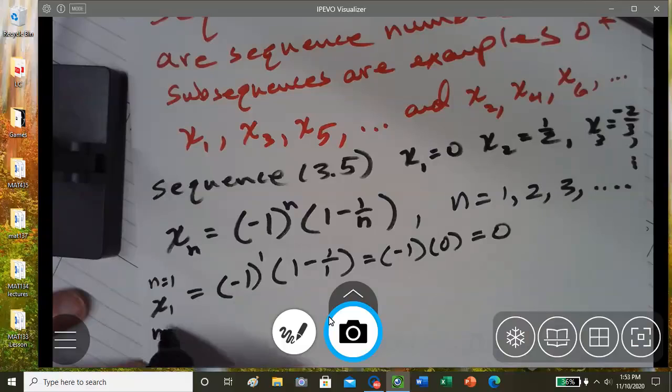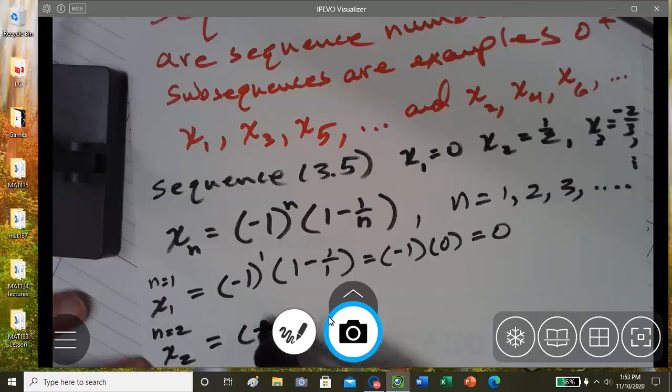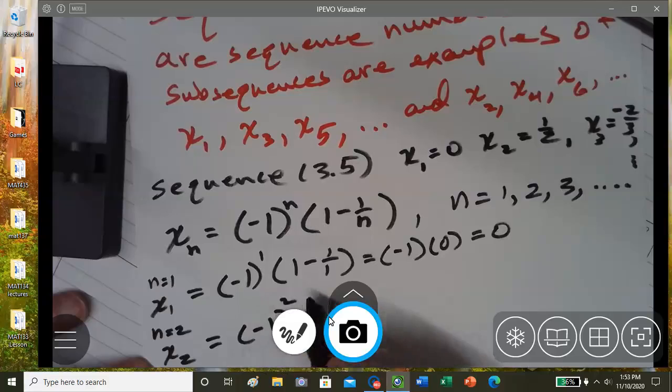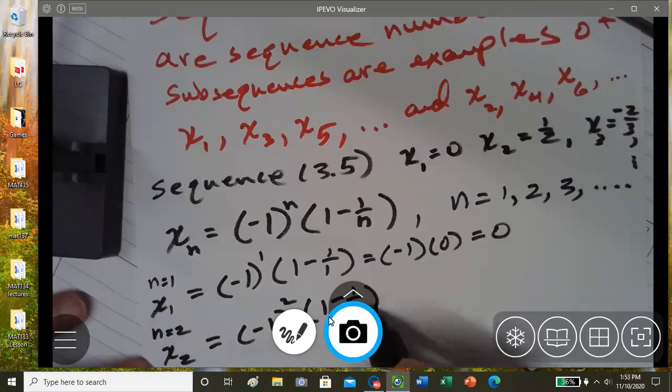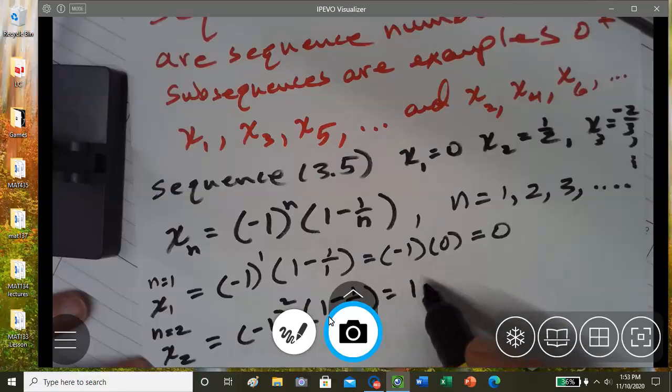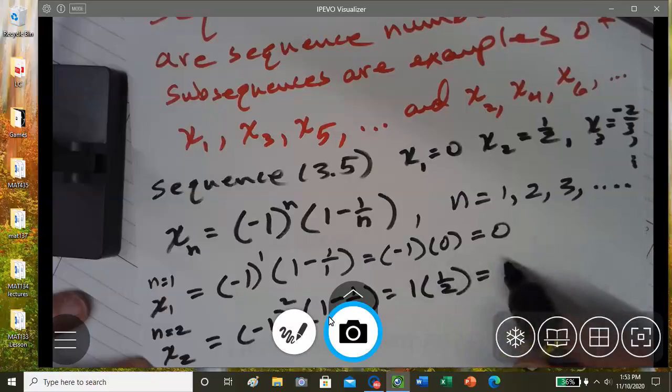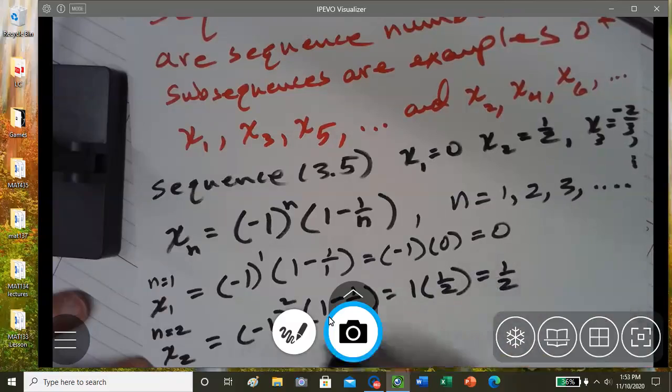And then n equals 2, that would be x sub 2, negative 1 squared times 1 minus 1/2. Now this becomes positive. 1 times 1/2 is 1/2.